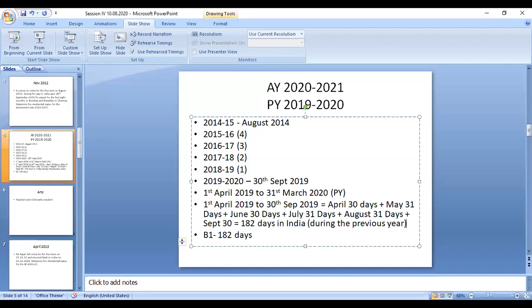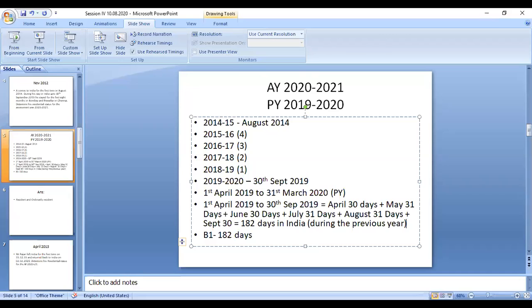Now 13th September, you can assume that day also is in India only, right? The 1st April also you can include. So that day also he is staying in India only. So April, May, June, July, August, September, that is a 6 months period. He was in India only.